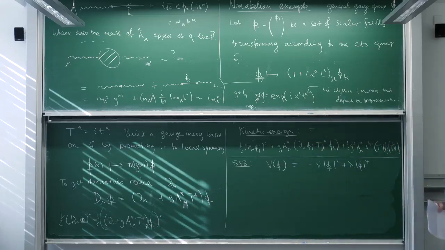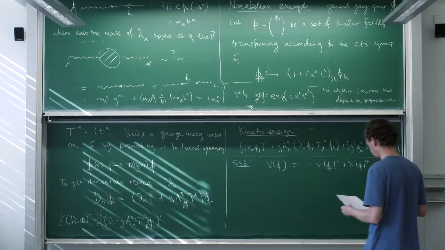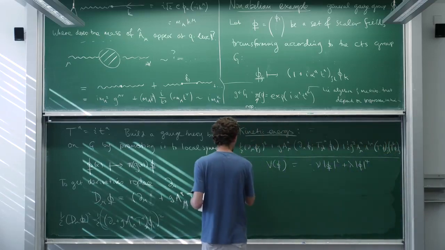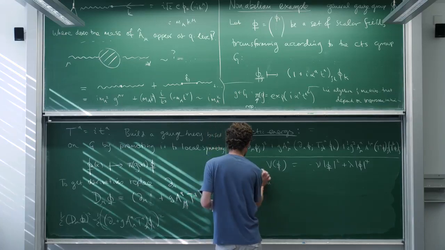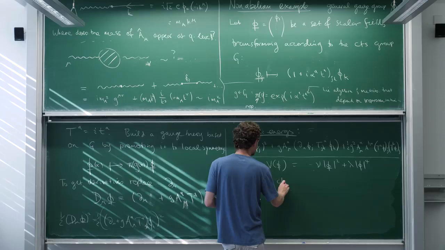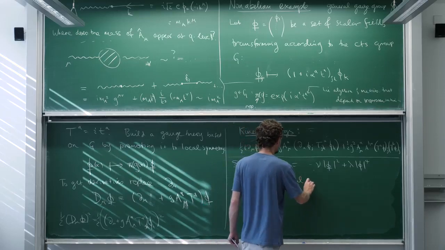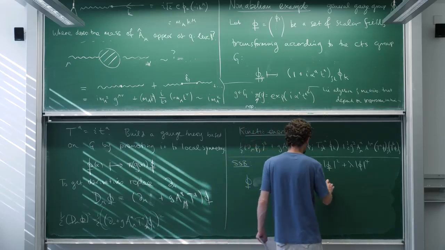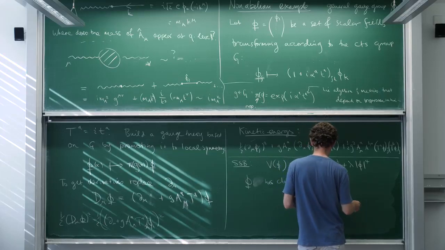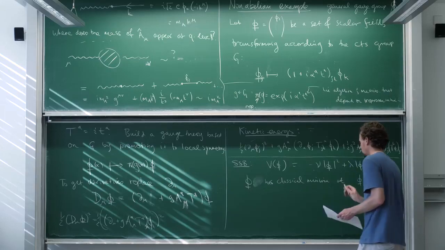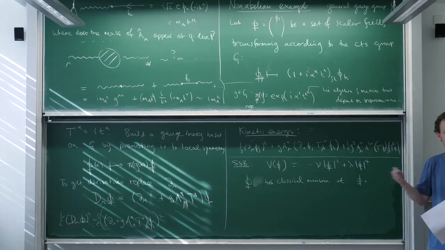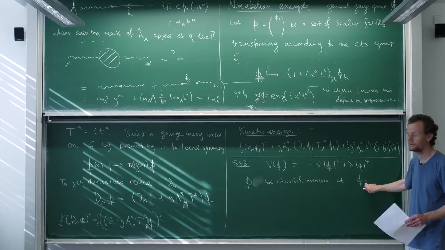Namely this one. So we add this potential into our Lagrangian, we minimize the classical potential energy, and we find that this vector phi has some classical minima at some phi naught, some vector.